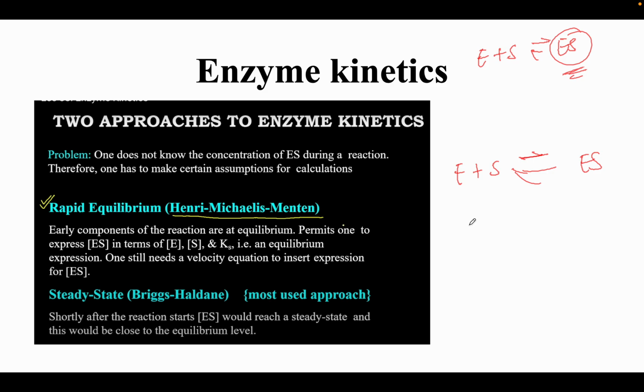This permits one to express ES in terms of the constants, where Ks is for the formation of the enzyme substrate complex, and the backward reaction is K minus 1. So let's find the velocity for this reaction using the first approach of Henri, Michaelis and Menten.